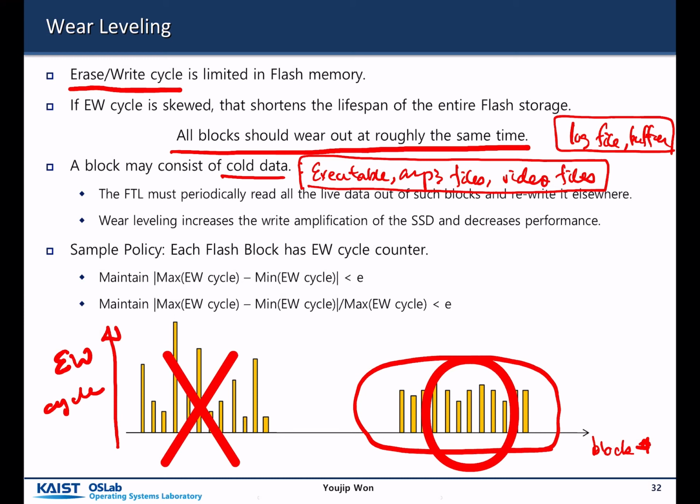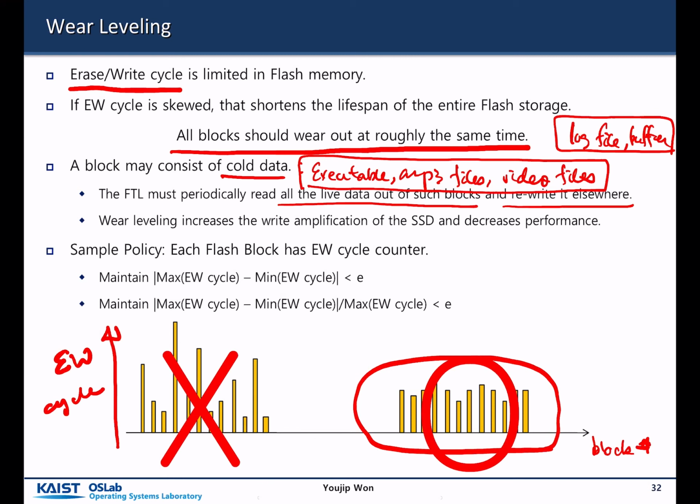So the FTL has to periodically read all live data out of such blocks and rewrite it elsewhere. That's what we call wear leveling. Wear leveling increases the write amplification of the SSD and decreases performance. That's for sure, but in the long run, it is intended to extend the lifetime or lifespan of flash storage.